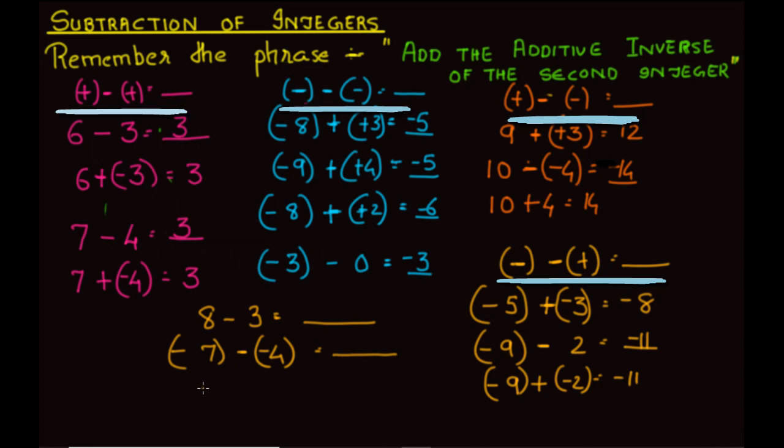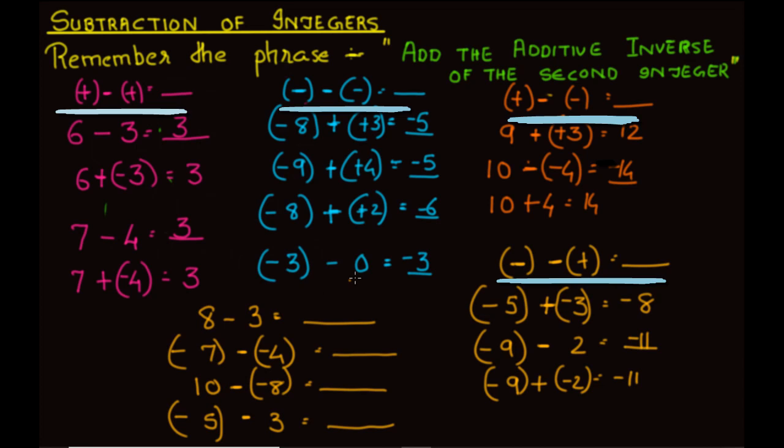Another one is going to be 10 minus negative 8. You must be wondering, why do I put the brackets out? It's just not to confuse the signs out here, all right? And the other one is negative 5 minus 3.